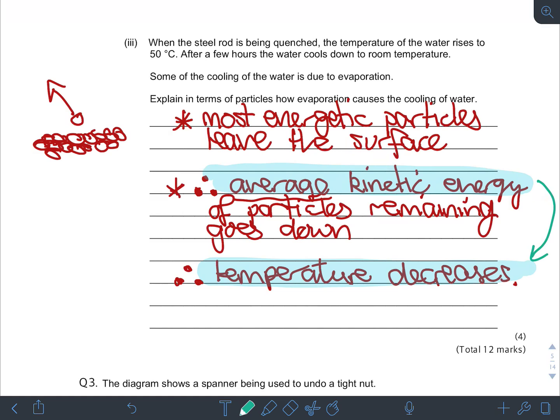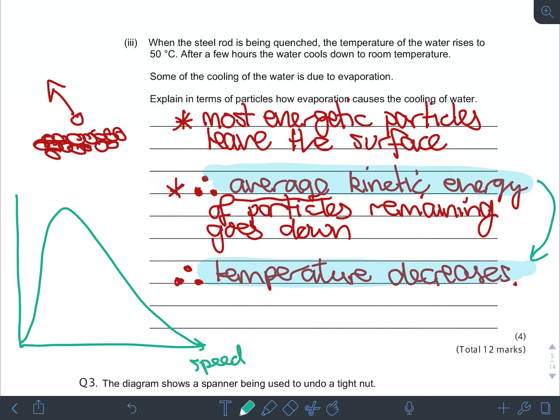And why does that happen? Well, it's because only the most energetic particles leave the surface. Remember we've got this distribution of speeds. So here's speed, here's number of particles. Most particles are traveling middling. Some particles are traveling slow, the ones down here. Some of them are traveling really, really fast. And it's only these ones here which are fast enough to leave.